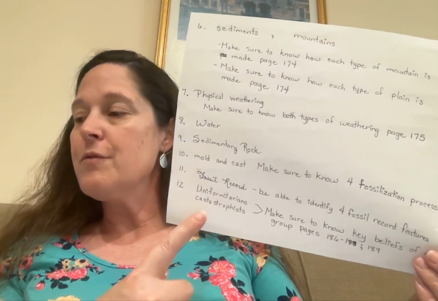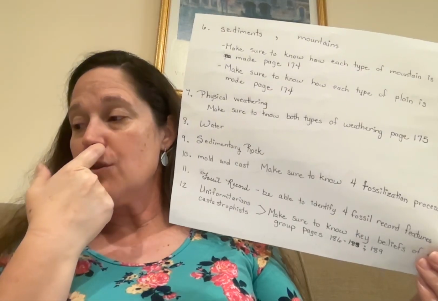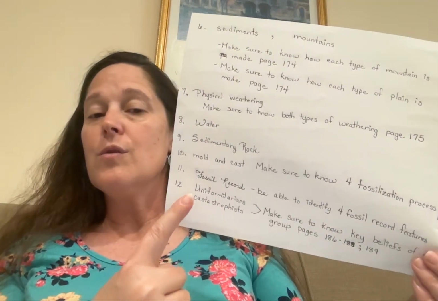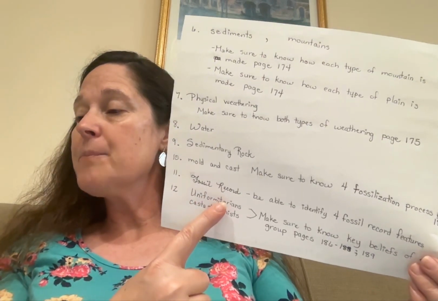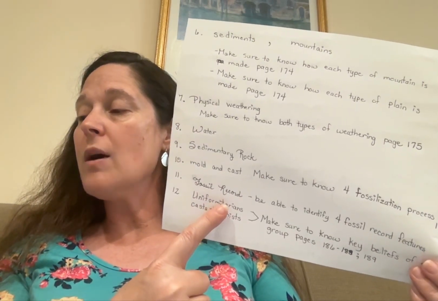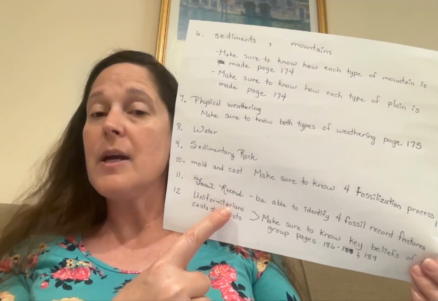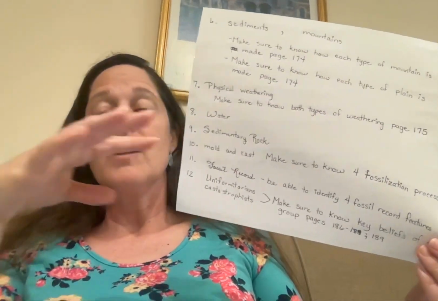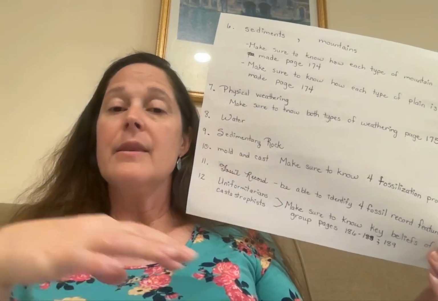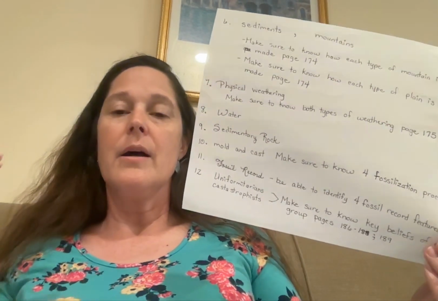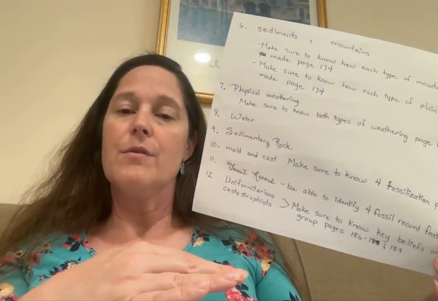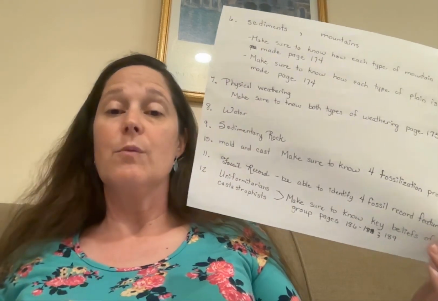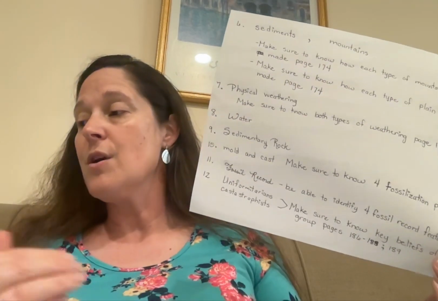Number 12, circle the correct answers to complete these sentences. The first one starts with: uniformitarians believe sedimentary rock formed through a slow process over millions of years, as the waters covered an area of land, then receded, dried up, more water came, it covered it up, it settled out, it withdrew, and it left layers.